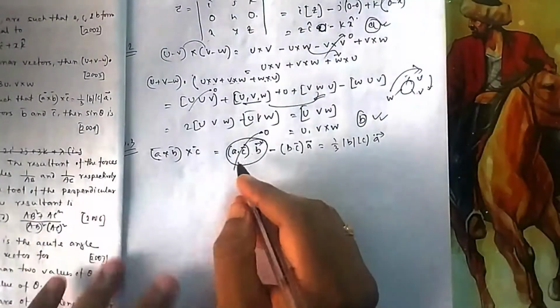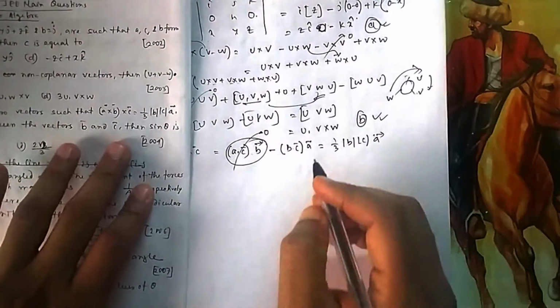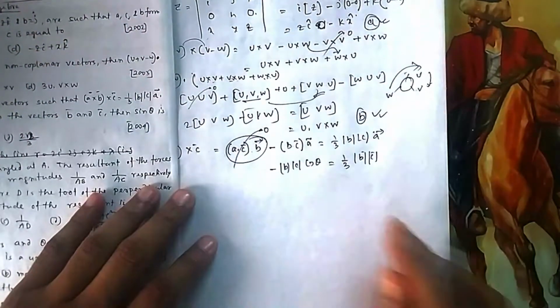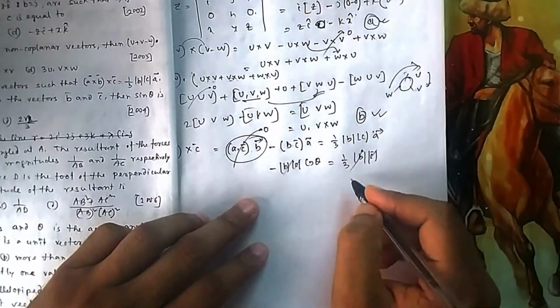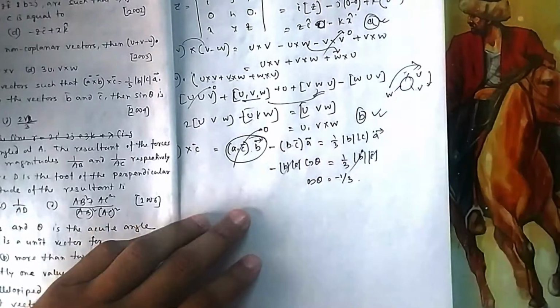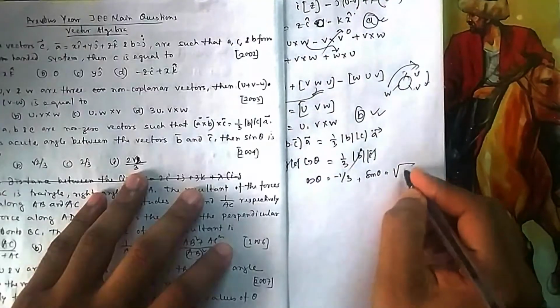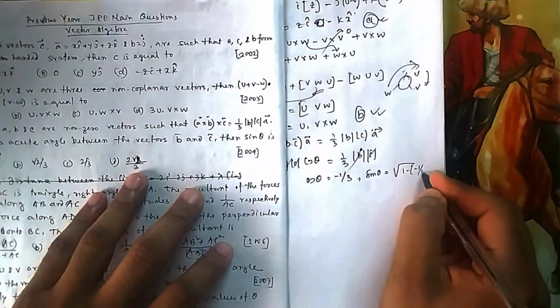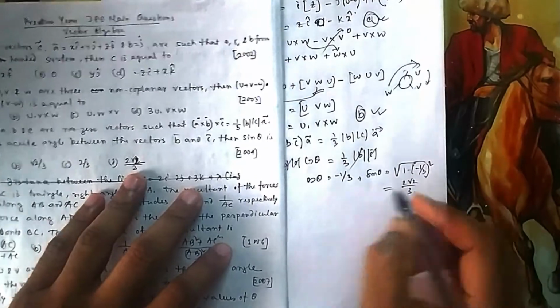So from here you can already say A and C are perpendicular, but that is not asked. They ask you between B and C. So if you equate the coefficient of vector A, cos theta is equal to minus 1/3, so sin theta is equal to the square root of 1 minus 1/3 whole square, so it will be 9 minus 1 is 8, so it is 2 root 2 by 3, that is your option D.